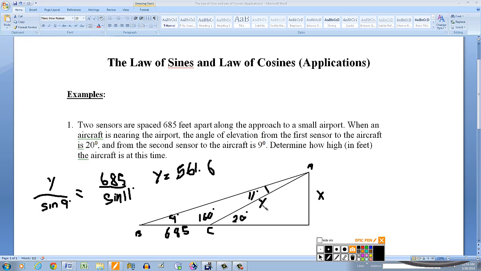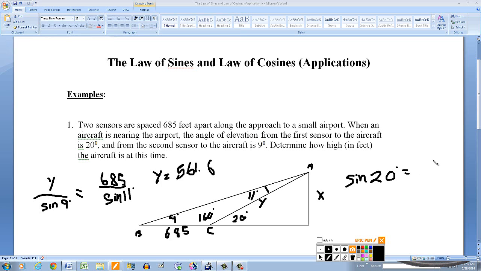Now I know this side right here for the right triangle to be 561.6. So now to find X, which is the height of the aircraft, I can just say the sine of 20 degrees should equal the opposite side over the hypotenuse.